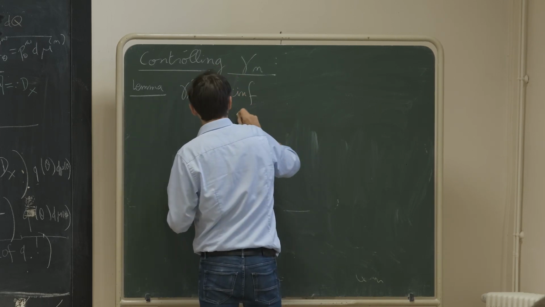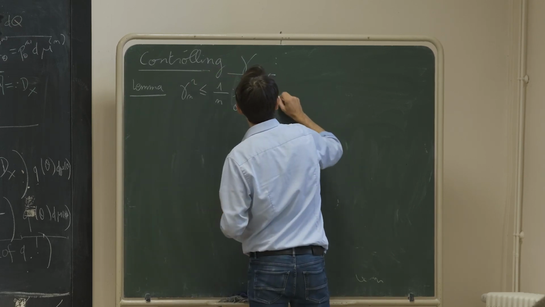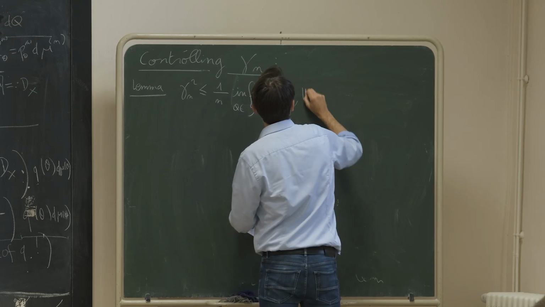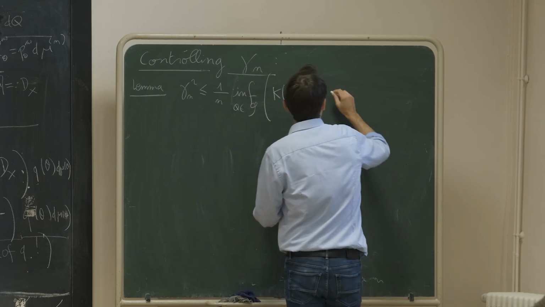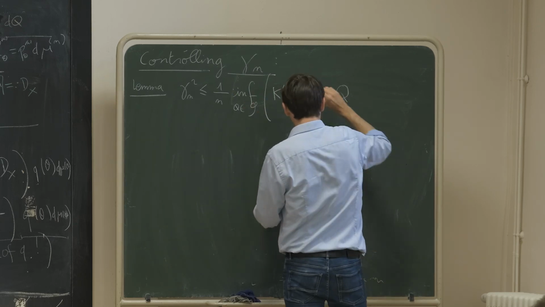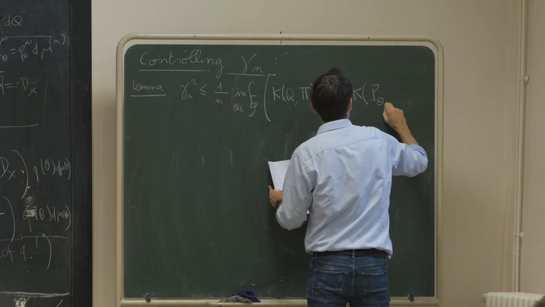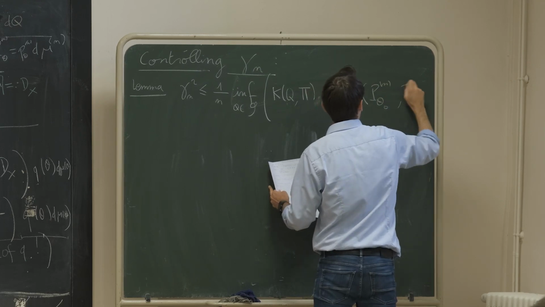So inf over q of two parts: the Kullback-Leibler between q and the prior, not the posterior, plus q, again in this operator notation, q K p_theta0^n p_theta^n.